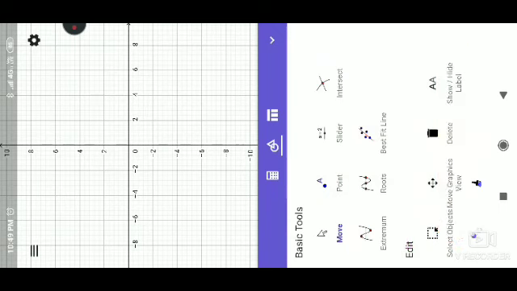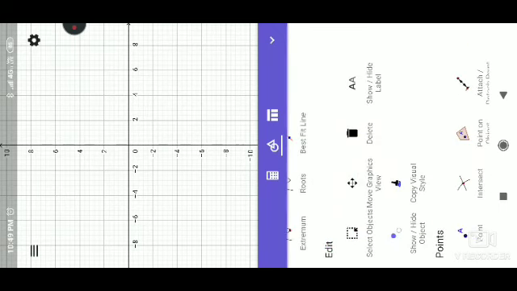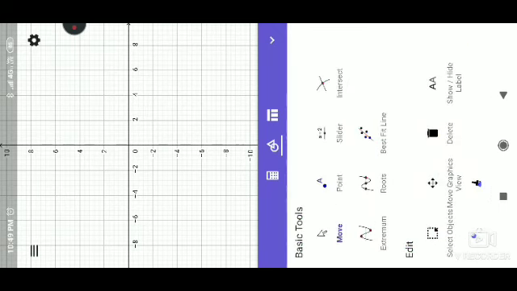And then some options are given, move, graphics and all. And as per our question, we have to use only the tools to find the rays and draw the points, lines and all.